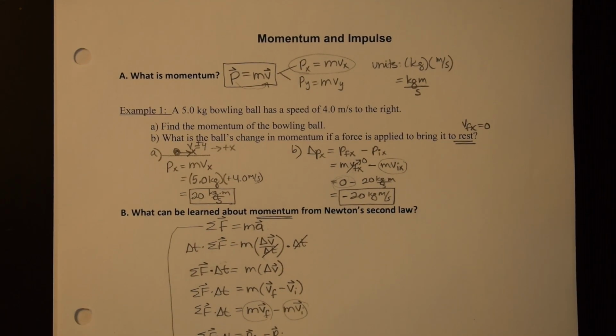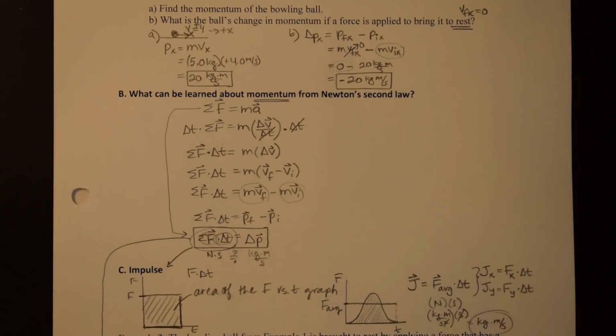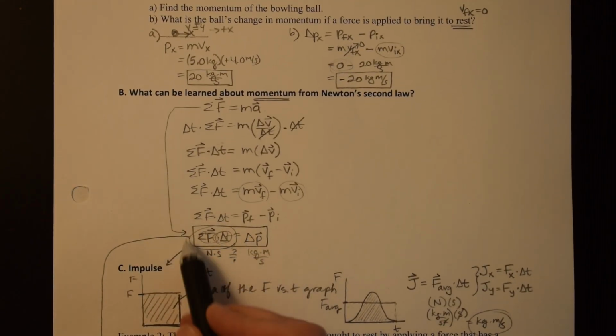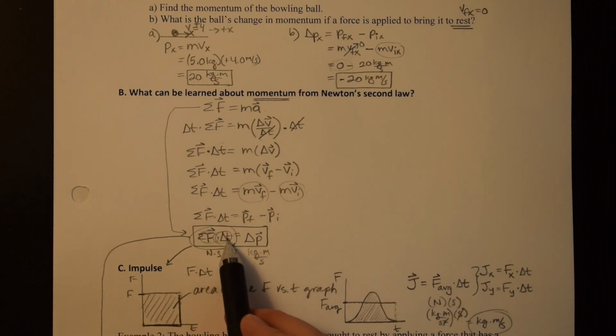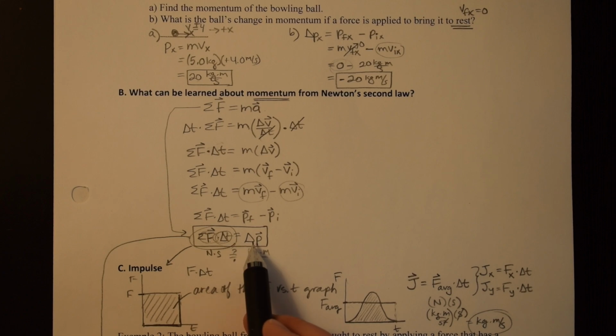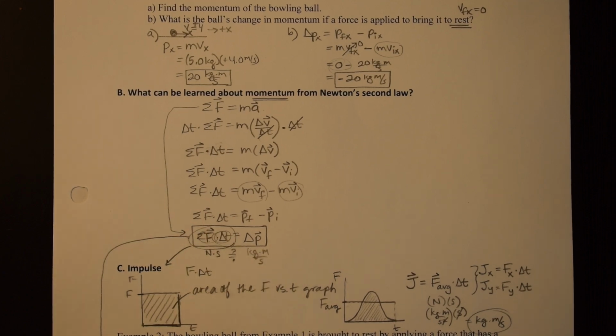In the previous lesson, we rearranged Newton's second law to obtain this result, which tells us that the net external force on a system times the time interval that force acts is equal to the change in momentum of the system. And this part here is the definition of impulse.